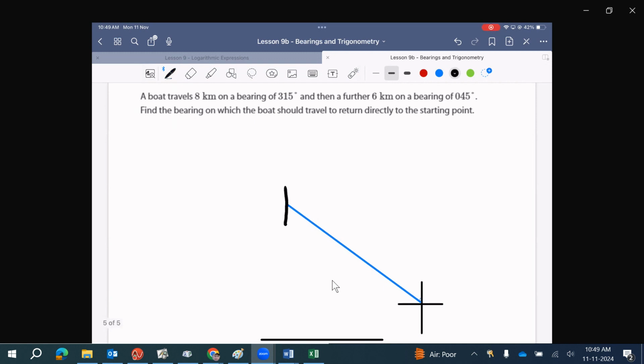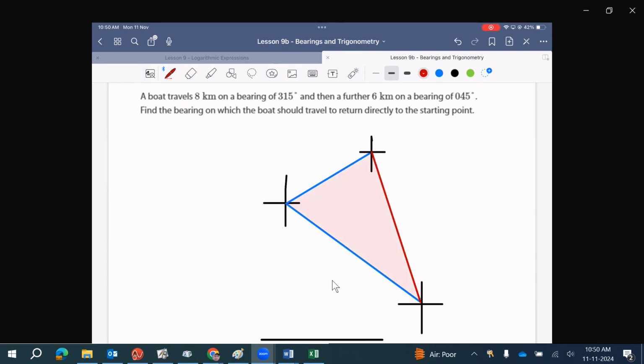And then we leave this one on a bearing of 45, for a shorter distance, we come to about here. And then there's our last one. We then have to return home. And we have to find the angle there at that point.